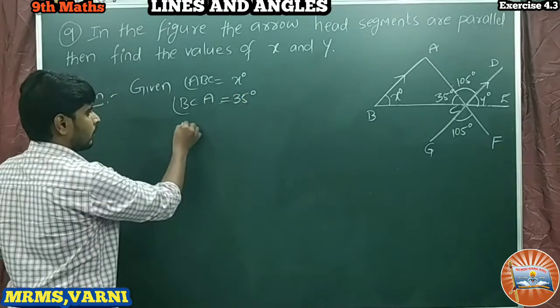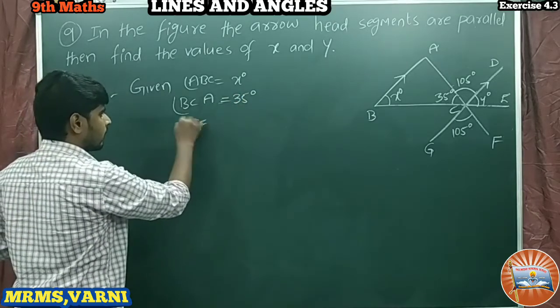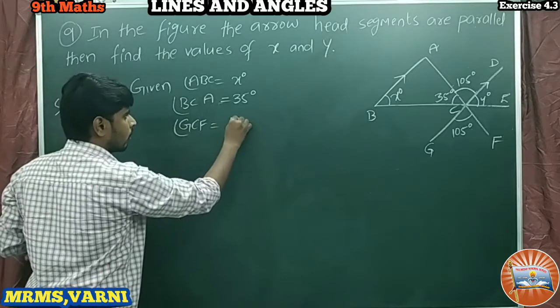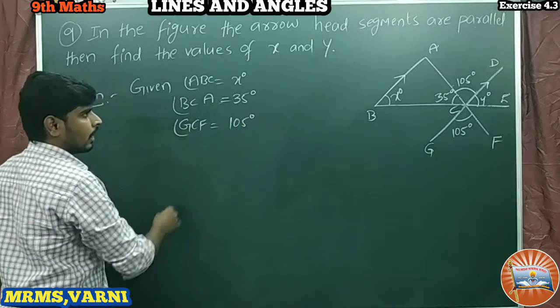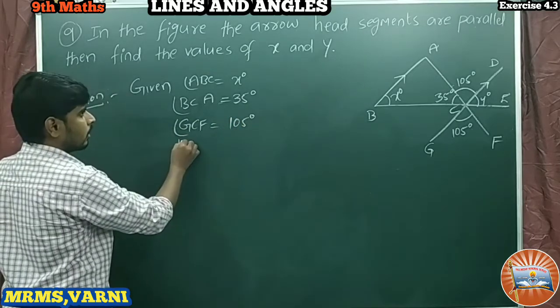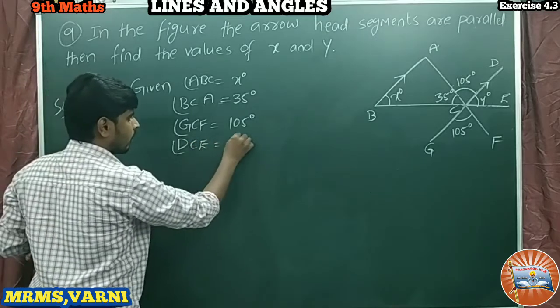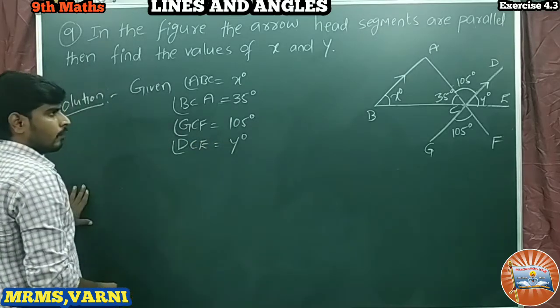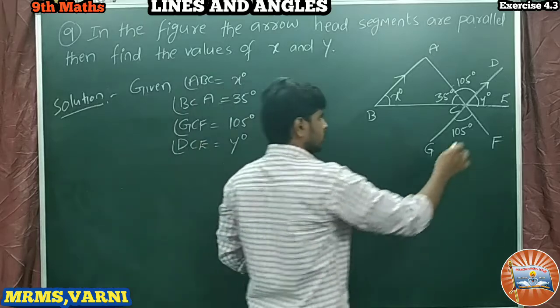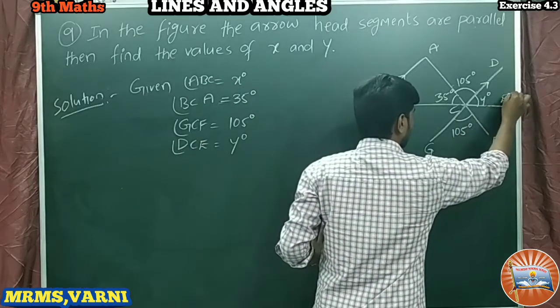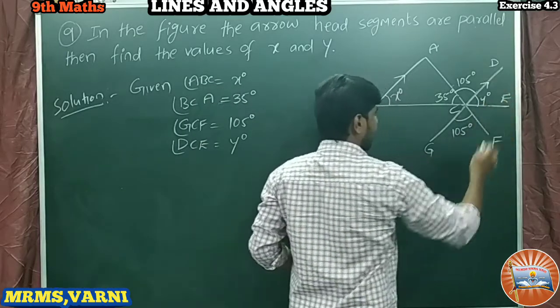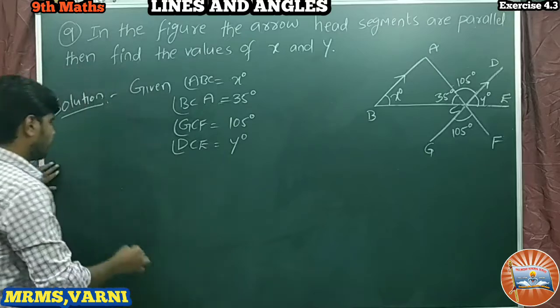And GCF given 105 degrees, and DCE given y degrees. Okay, this is E, DCE y degrees given.